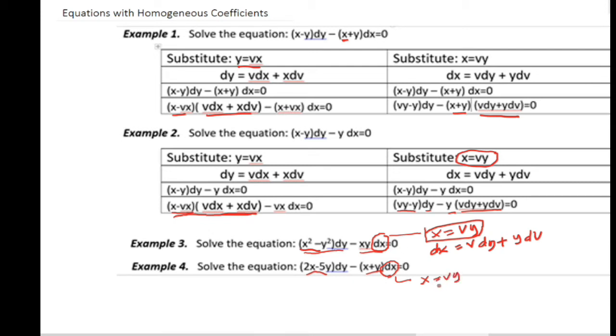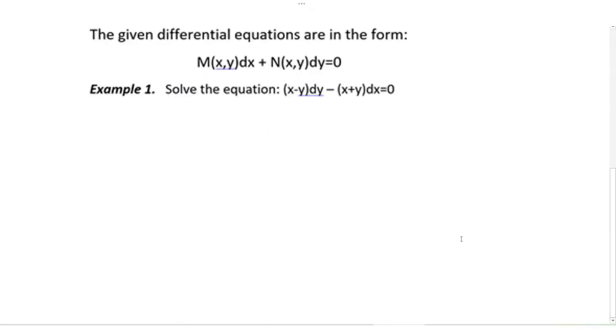So that is now the solution for the equations with homogeneous coefficients. Furthermore, let me emphasize that the given differential equations in our examples are in the form of M(x,y) dx + N(x,y) dy = 0. In other words, the dx and the dy are already in the numerator.